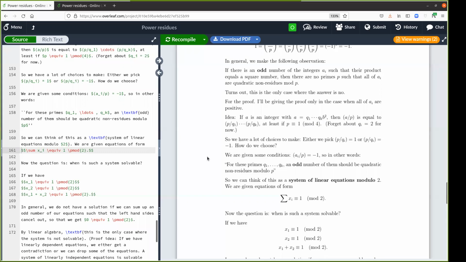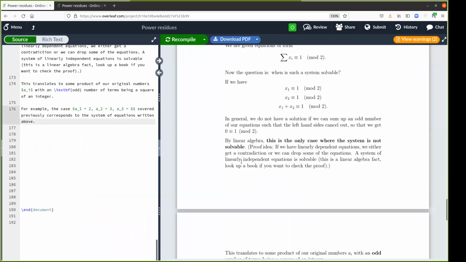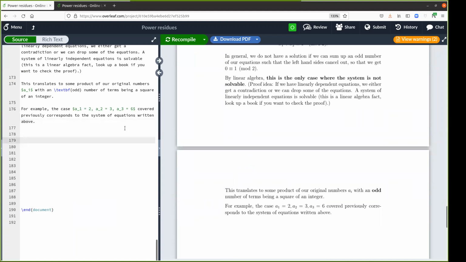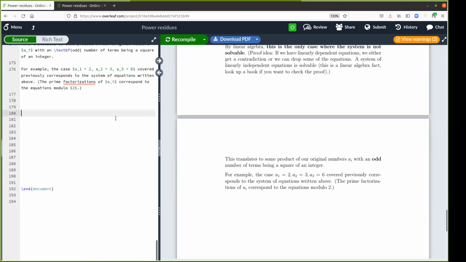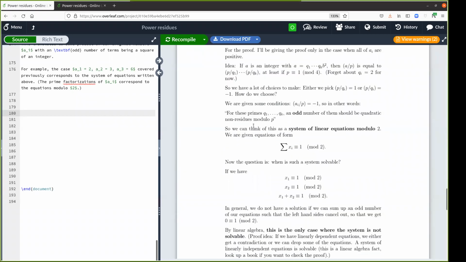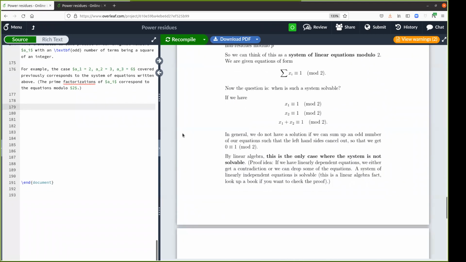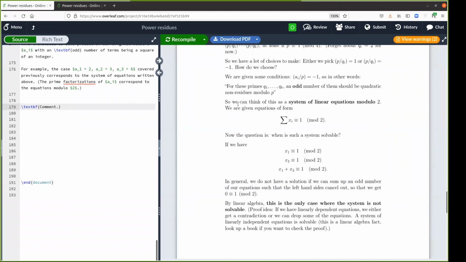So I'll be giving the overlay file after the lecture. Okay, and I'm going to comment on the different cases we have omitted here.